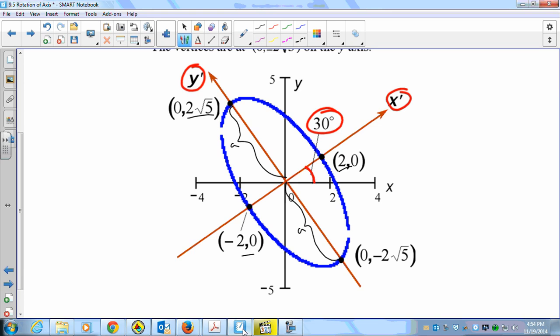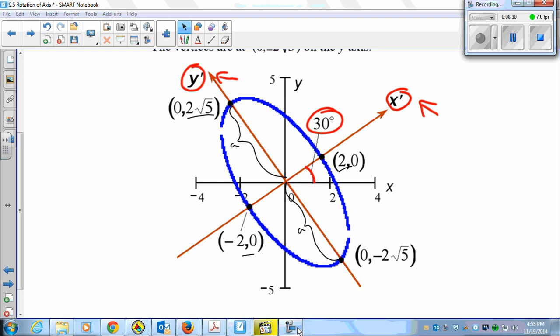Notice that these points that are labeled here are in reference to our x prime, y prime. But now we have the tools to be able to graph these ellipses that are rotated axis. Make sure you guys walk through and practice that double distribution, and I'll see you in class tomorrow.